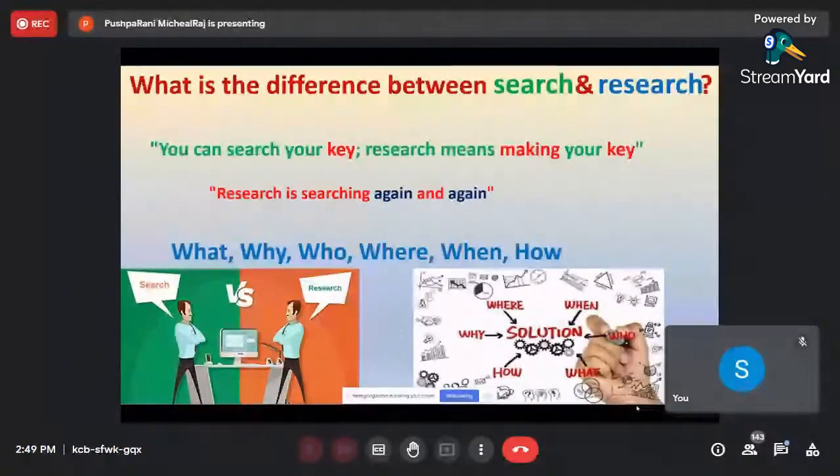When you take why, the question is why you will do the search, why you will do the research. Search is to achieve certain objectives, whereas research is to go in depth and detail to contribute to a new body of knowledge.